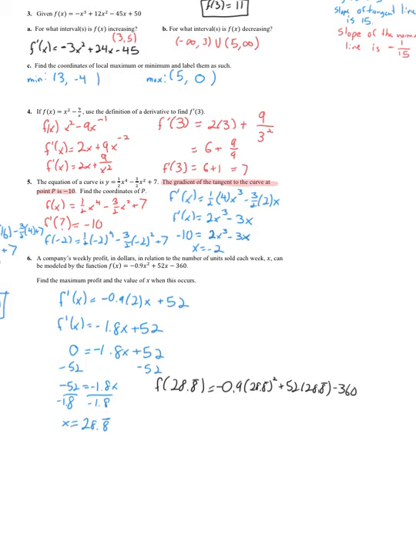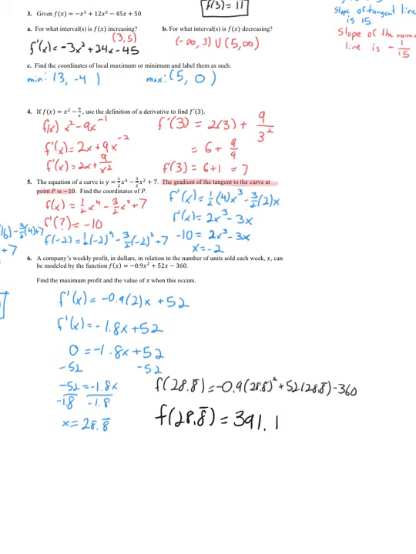So I think it might be useful to find the points themselves algebraically. It could be really hard to find the scale to find that maximum value on a graphing calculator. So it turns out when I do 28.8, I get 391.1 and the 1 repeats.